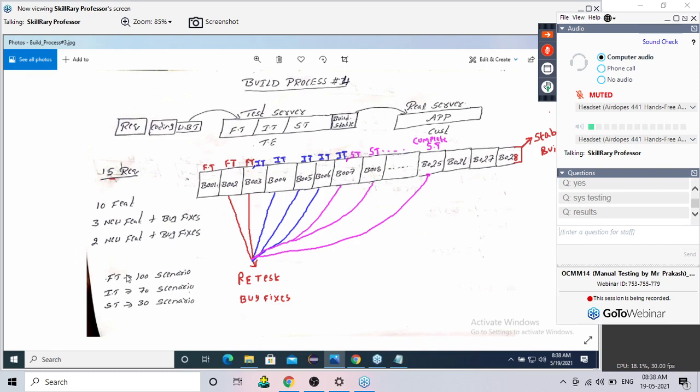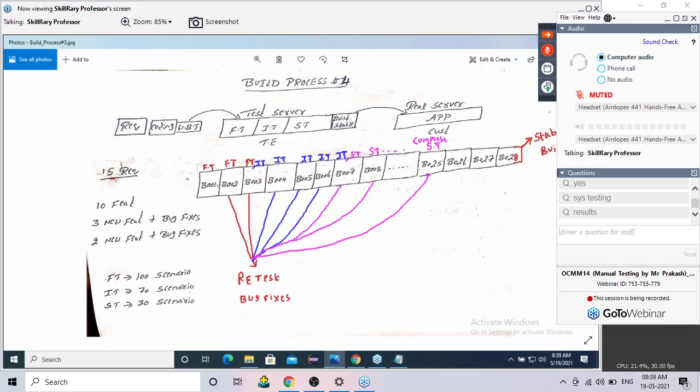Like that, 100 scenarios I have to test on all the modules to complete functional testing. According to this diagram, within 3 builds, all 100 scenarios were completed. When all 100 scenarios are completed, it means functional testing is done.